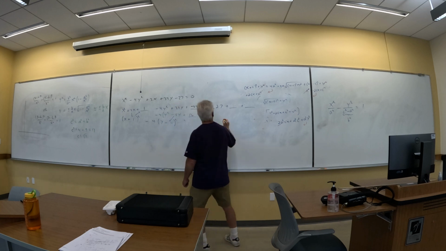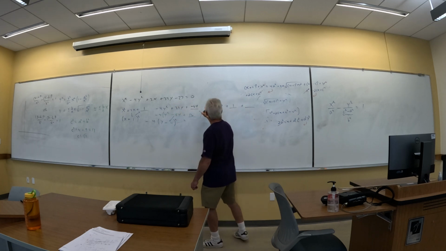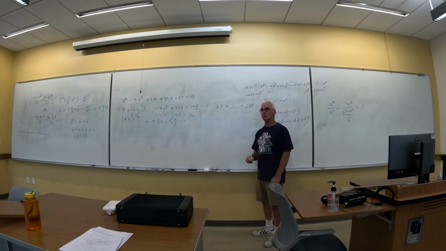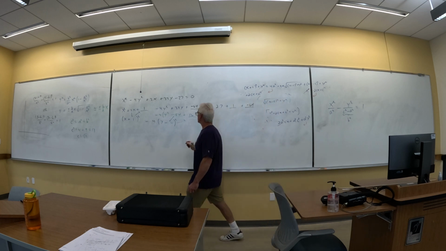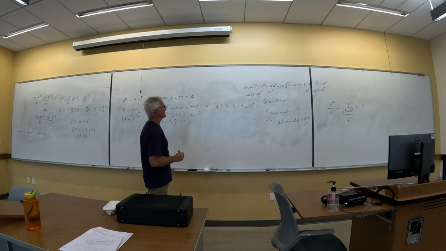That's pretty obvious, that's a 1. So what do I have on the right side now? 90. 27 plus 1 minus 64.